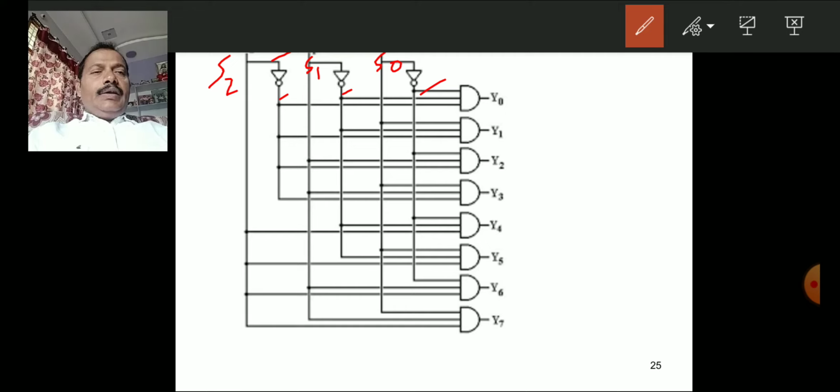And accordingly you connect Q0, Q1, Q2 and so on up to Q7. That means for each output one AND gate, and accordingly you connect the circuit like this. So this is the gate circuit implementation of the 3 to 8 decoder.